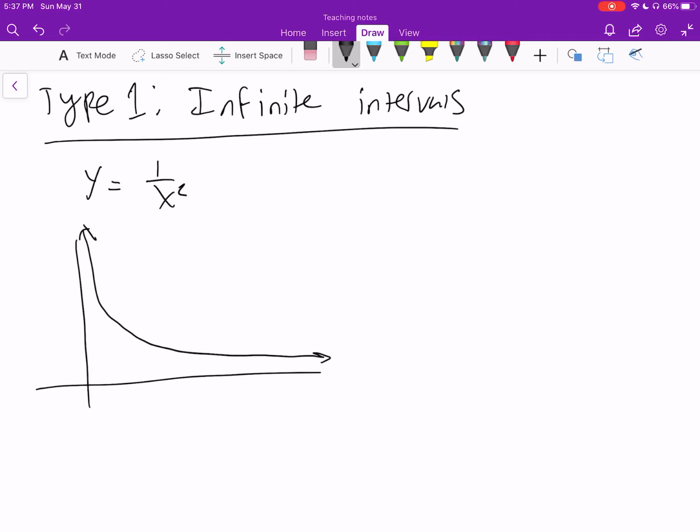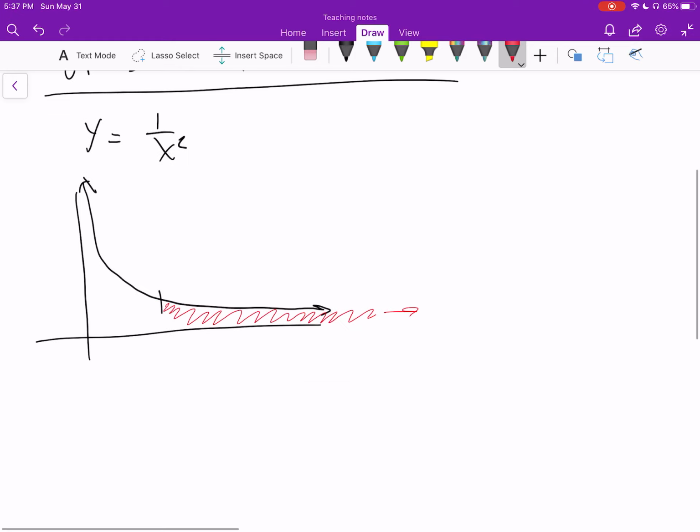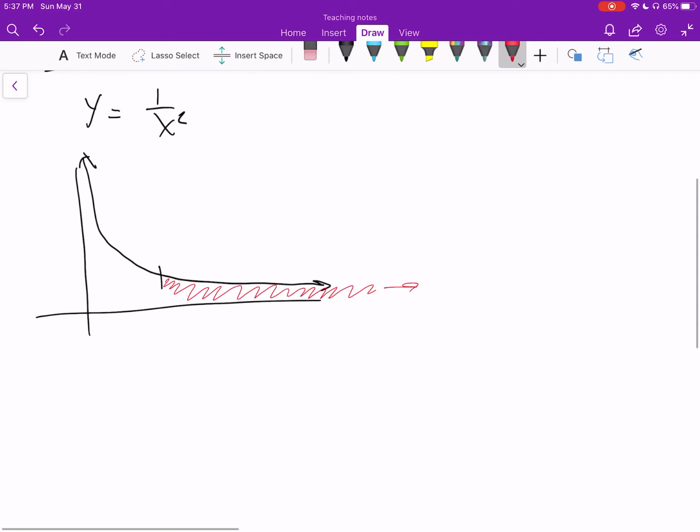I might be interested in finding the area, starting from here all the way down this axis. So keep going, and the question is, is that something I can do? Does that make sense to do? Will I get a number? Will I get something that's divergent and going off to infinity? The answer is, whether or not you get a number depends on your function.